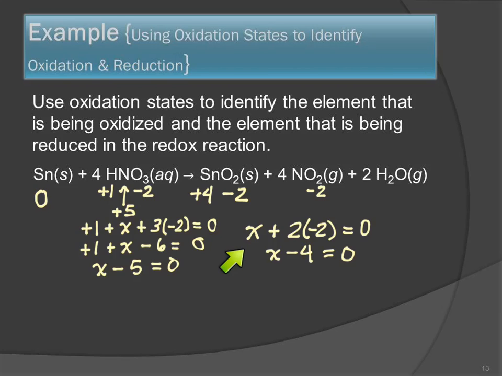We have the same situation. X plus 2 times minus 2 equals 0. So the nitrogen is also a plus 4. In a way, it's like pretending they have charges when they don't.